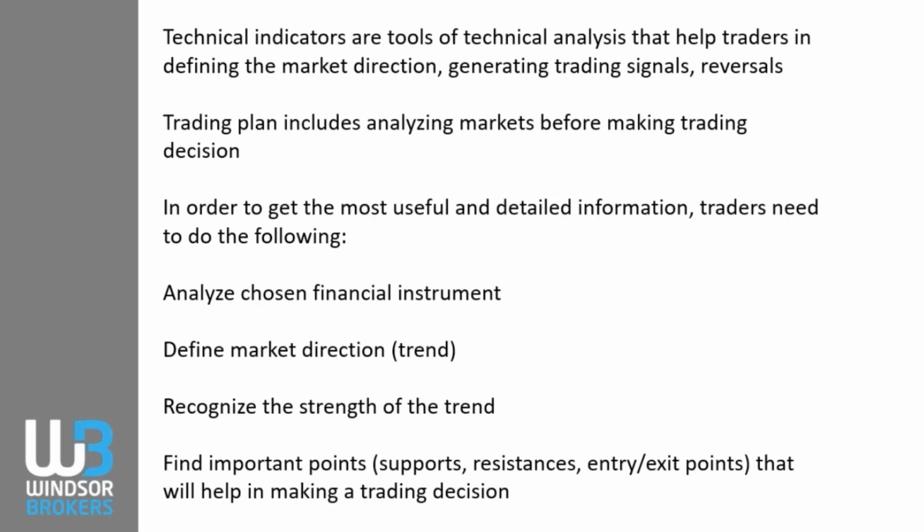Using indicators is also a tool that can help us find important points in the price action. These are the most important support and resistance levels, and we can also define our entry and exit points, our stops.